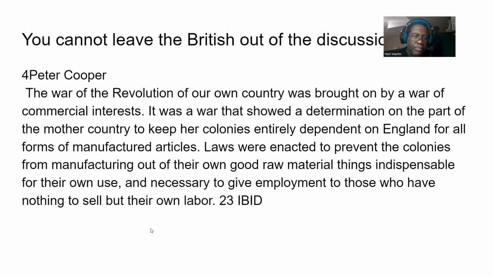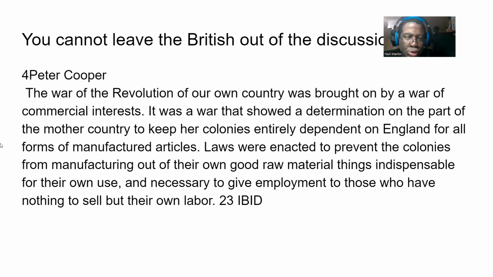All right. This is Peter Cooper. Peter Cooper established the Cooper Union, which was a college. He was an industrialist, and he was also a protectionist. The free trade historians don't want to say that at all whatsoever. They completely whitewash how Peter Cooper was a protectionist. If this doesn't sound like a protectionist, I don't know what a protectionist is, because he's going after the British.